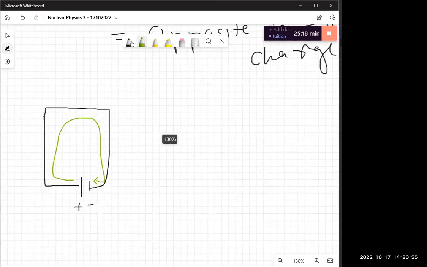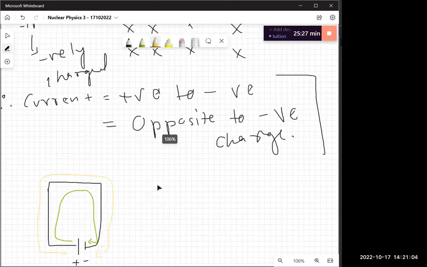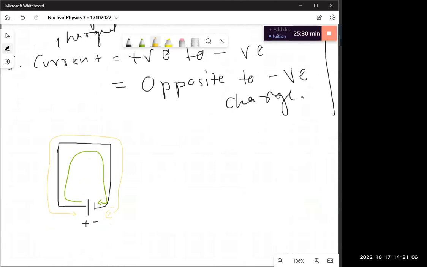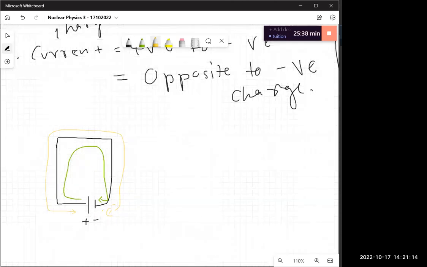But the electrons are going like this. Electrons are going in the opposite direction. So current is always opposite to negative charge flow. Current is opposite to electrons. If a negative particle is going in this direction, the current is in the opposite direction.